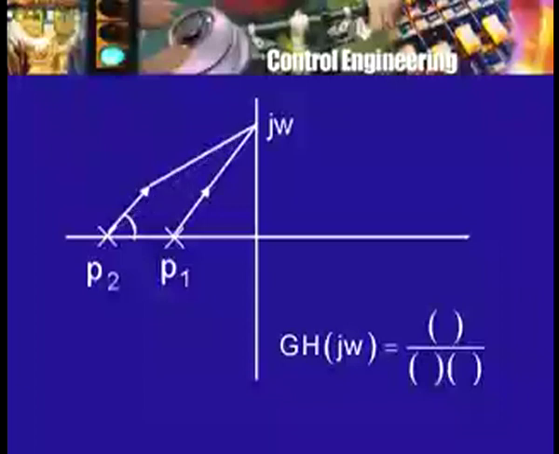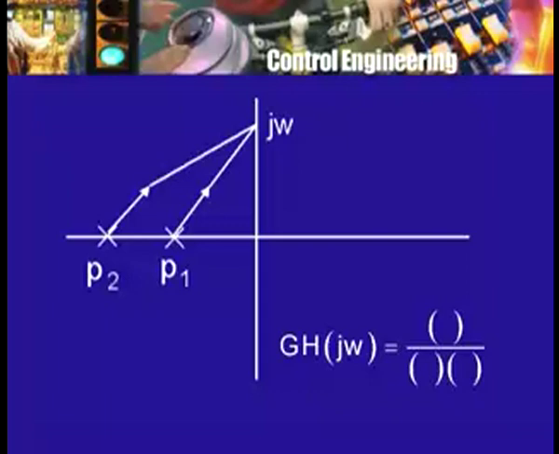It is also an angle made with the positive real axis. It is a positive angle, maybe of the order of 30 degrees. However, these two factors are in the denominator, and therefore, as far as the argument of GH of j omega is concerned, it is not going to be a positive angle, but a negative angle lying between 0 and 180 degrees.